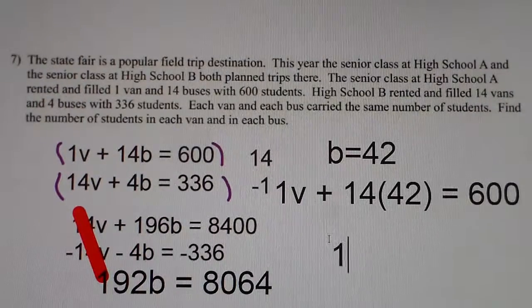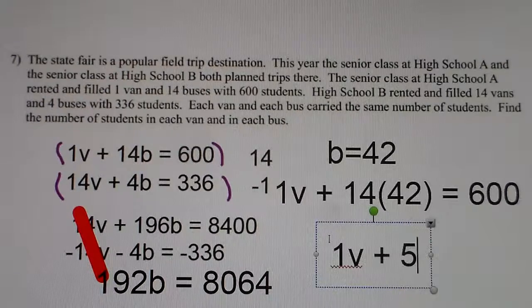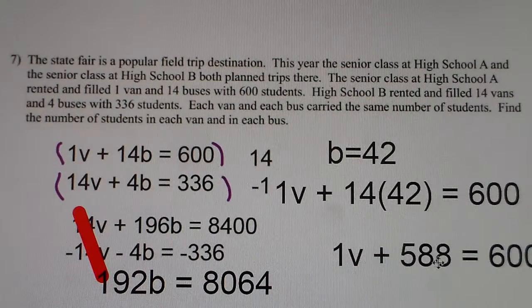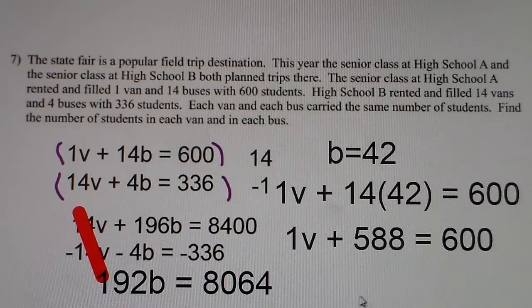So that's 1v plus 588 equals 600. Subtract 588 from both sides and you get v equals 12. So that means there were 12 vans, 42 buses.